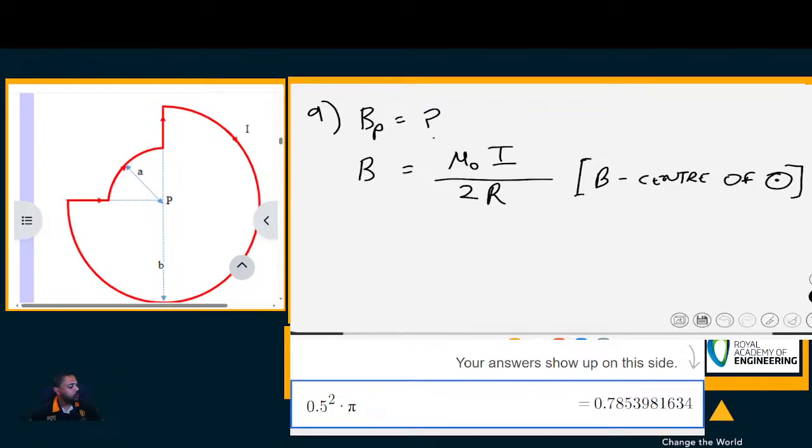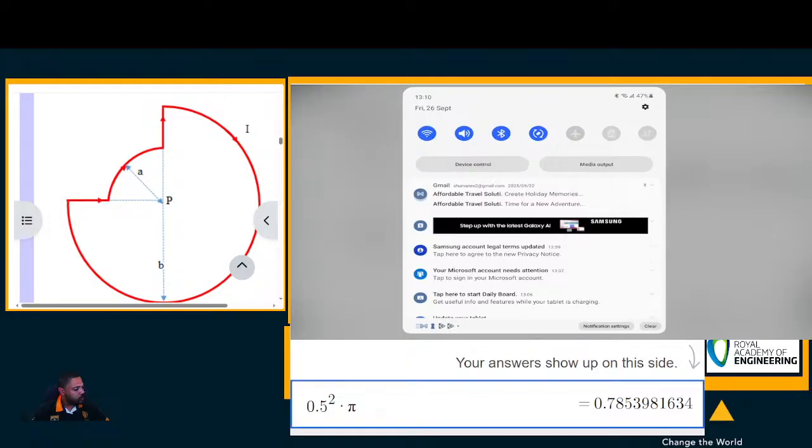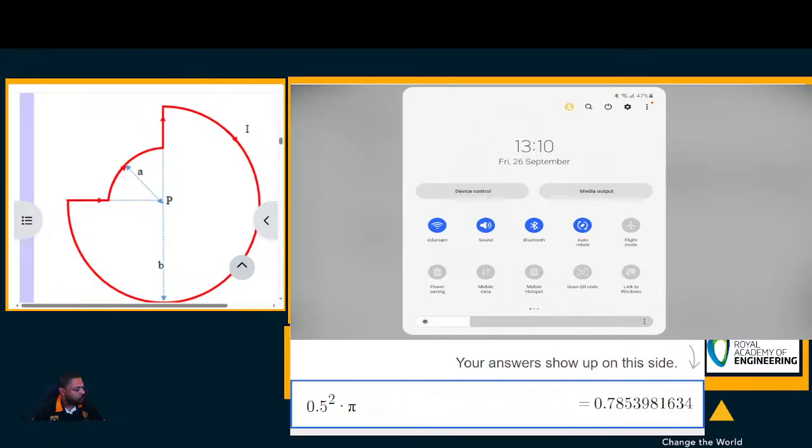First of all, let's calculate the magnetic field at point P due to the circle of radius a, the smaller circle. So the magnetic field at the center due to the quarter circle of radius a. Now remember, it is a quarter circle, just 1/4 of a circle. What's the general formula?